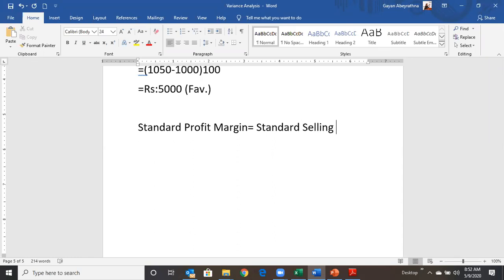Standard selling price minus standard cost per unit. Then actual profit margin.